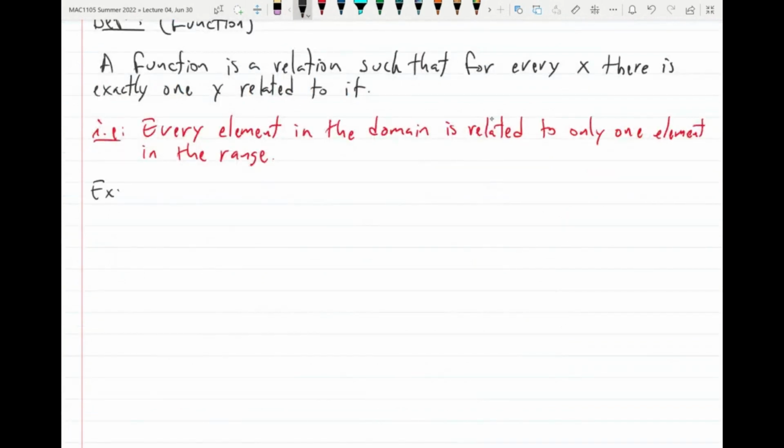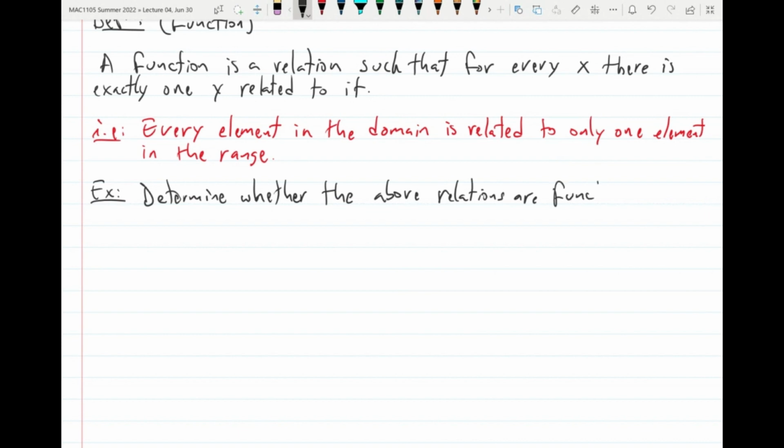So, example: determine whether the above relations are functions or not. If it is not, justify.